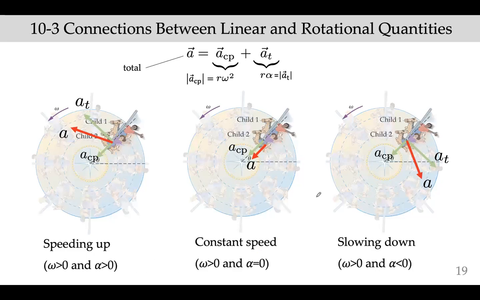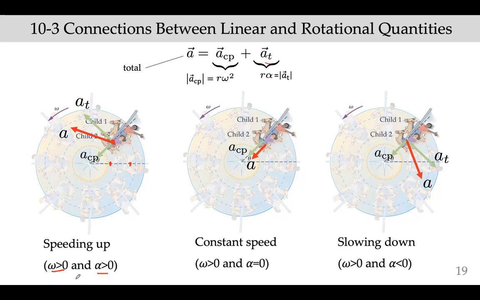Now, we can talk about these linear quantities, like the centripetal acceleration or tangential acceleration, for different points. So let's take this purple child here. For this point, the angular speed is counterclockwise.